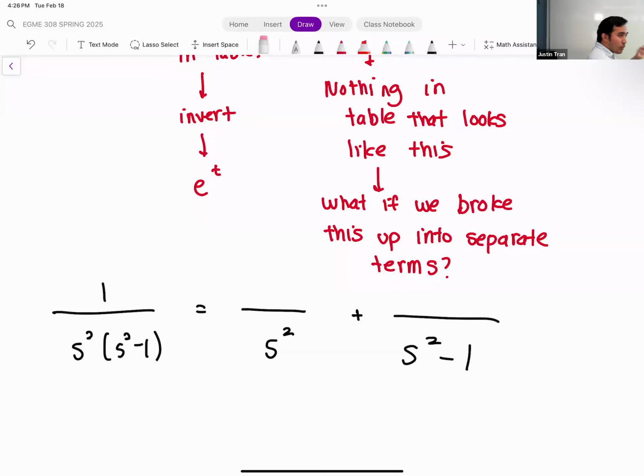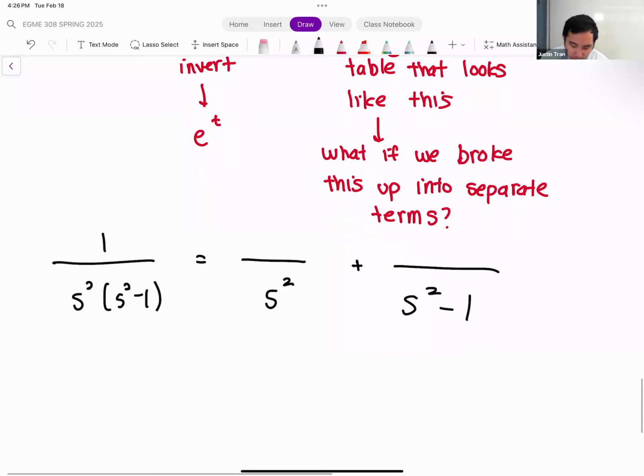It would be great if we can decompose this fraction into its component parts like this. And we can do this. There's a reason I left the numerators blank here, because in order to decompose this fraction, we have to solve for the corresponding coefficients up on the numerators, a and b.